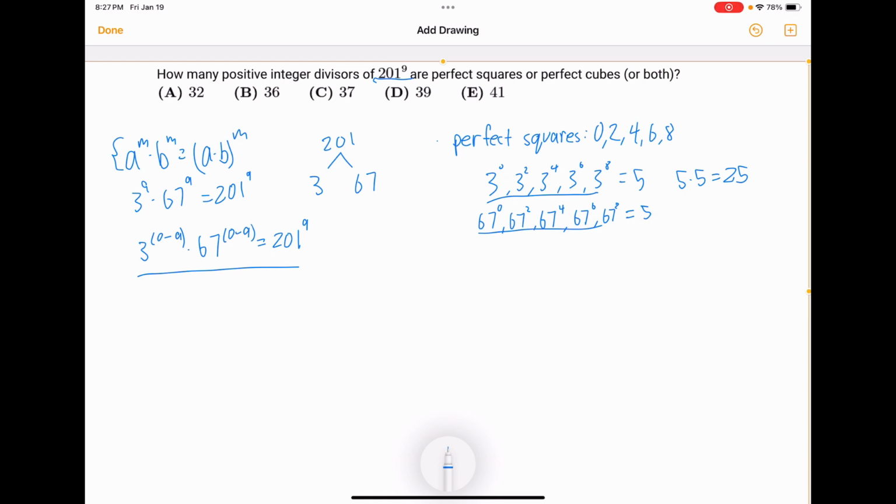Now moving on to perfect cubes. Perfect cubes must have multiples of 3 for each of their prime factored exponents. So we have either 0, 3, 6, or 9 for both 3 and 67.